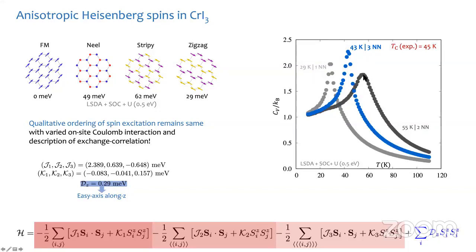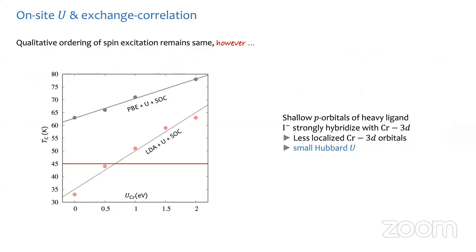If you take J1 plus J2 and do not include J3, you would be predicting the Tc to be much higher. So although the qualitative ordering does not change, we see that increasing the on-site Coulomb interaction increases your Tc regardless of what exchange correlation you take.